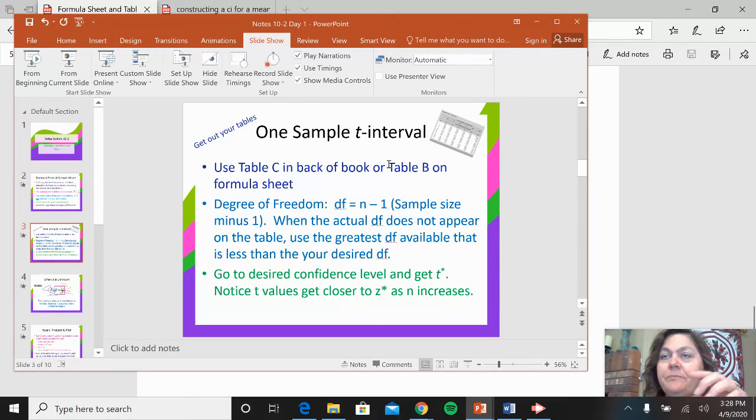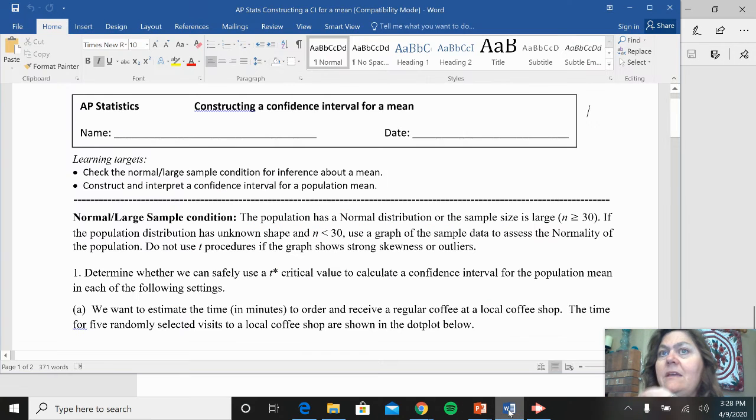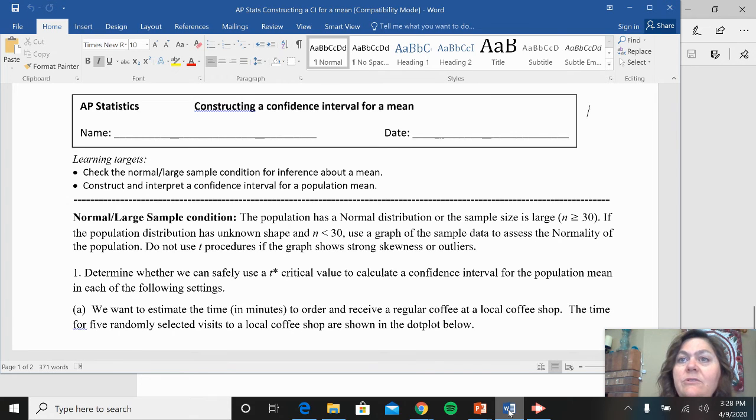All right, so now hopefully you have printed out the worksheet. Let me get that up for us. This is constructing a confidence interval for a mean, and you have this by you right now to work on. If not, you need to get that handy for you, or you need to have it on your screen while you do some work on that.